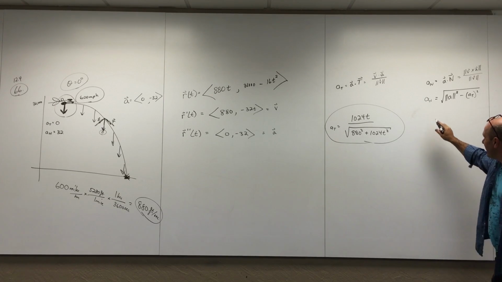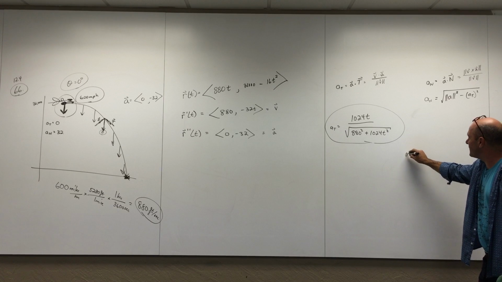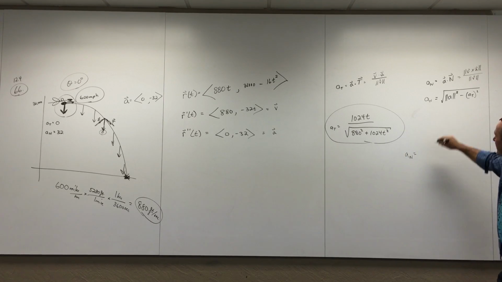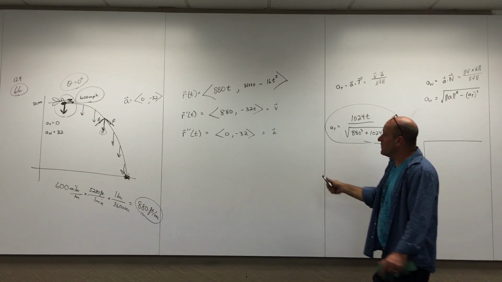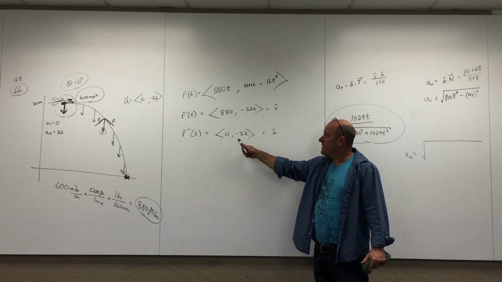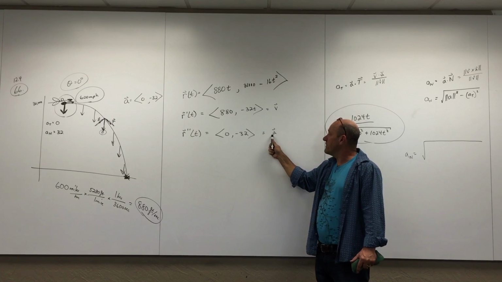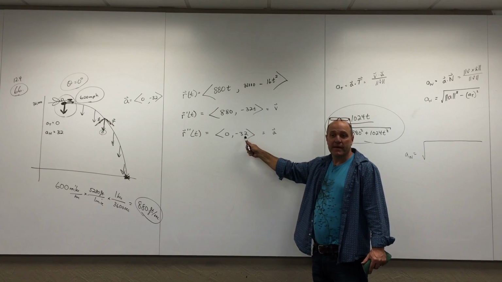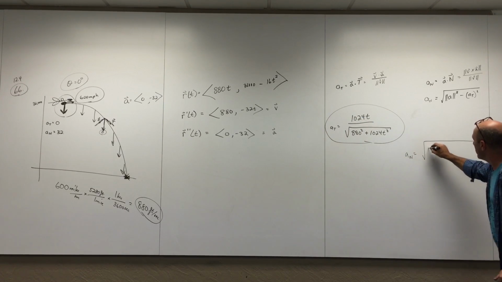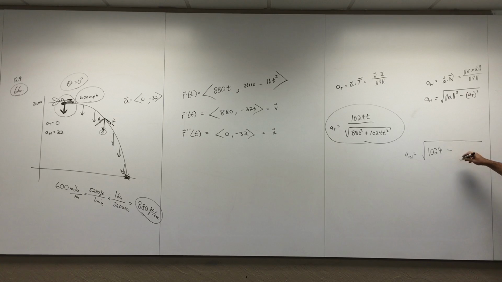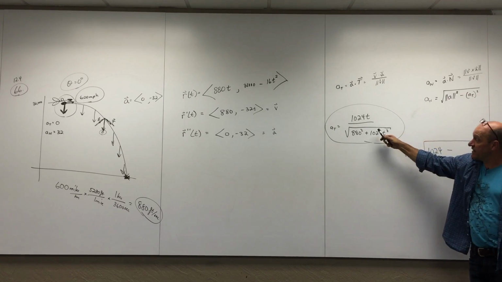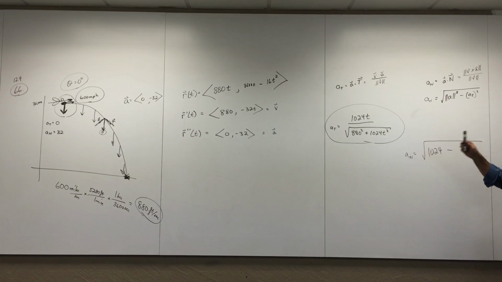Check this out. I'm going to try AN with this formula right here. Here's AN. It's the square root of the magnitude of A squared. Now tell me, what's the magnitude of A? 32. Yep. And if it's squared, it's 1024. Minus this AT, which is this thing. Wait a minute. Squared. This thing's squared.